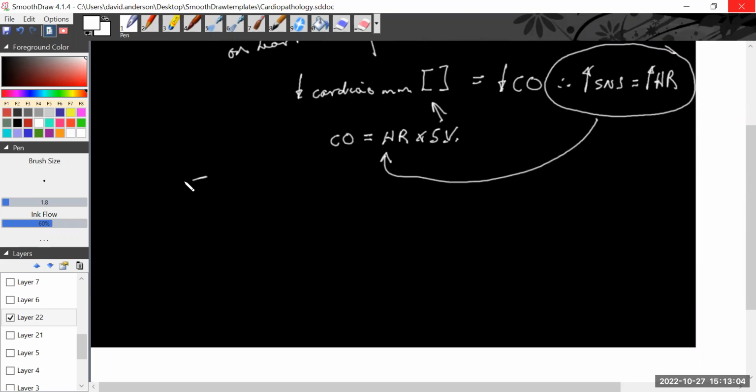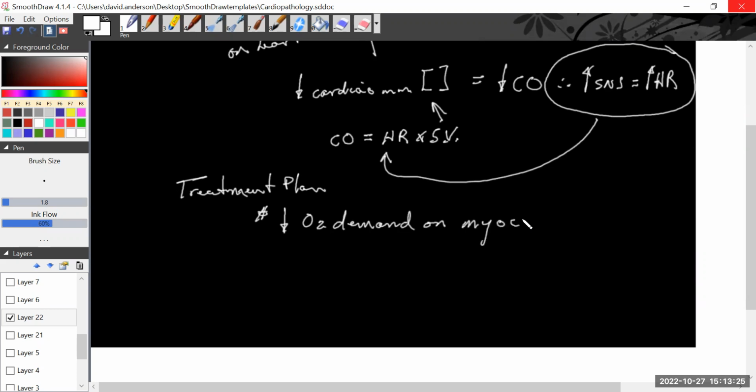So what's our treatment plan? Number one, decrease the oxygen demand on the myocardium.